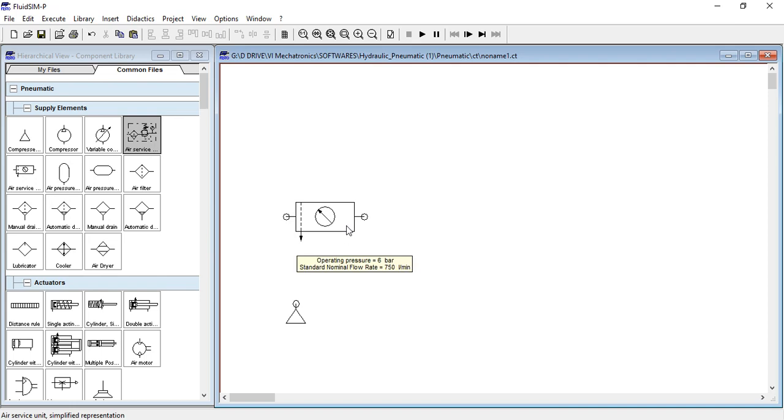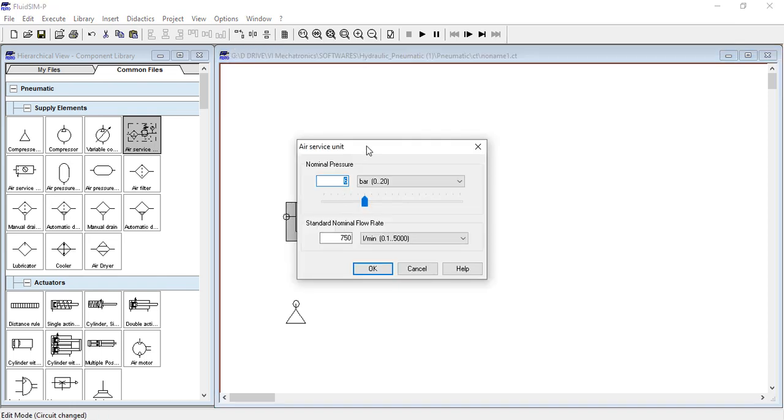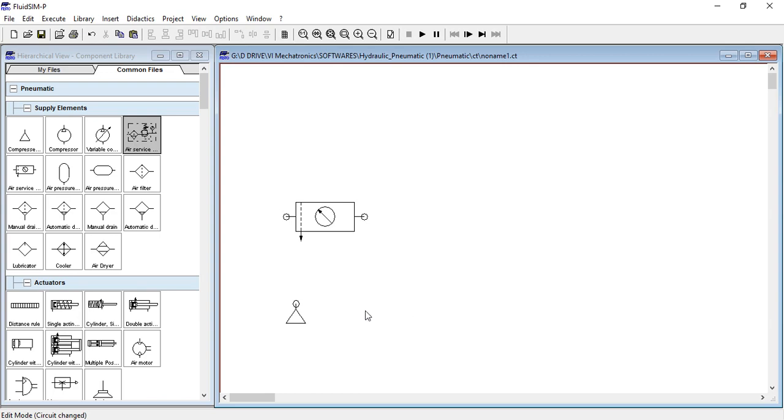So how to do that? Just double click on it. See that air service unit, the nominal pressure is 6 bar. It is already mentioned. So depending on that, we have to change. If you are working at 5 bar, you can change it to 5 bar. No issue. Okay. So now what is the scenario? Supply pressure is 10 bar and working pressure is 6 bar.